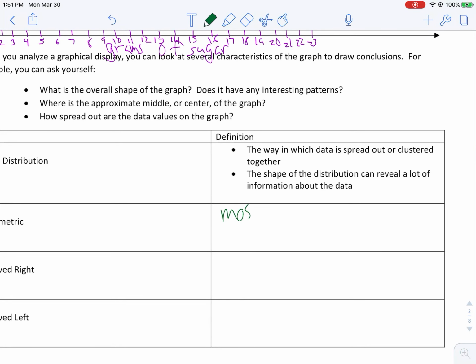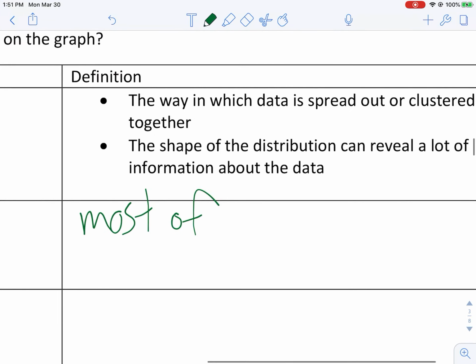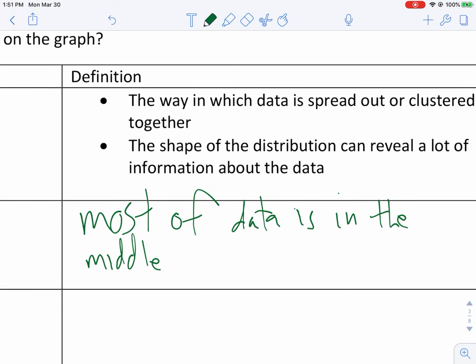Most of the data is in the middle, and the sides have less.